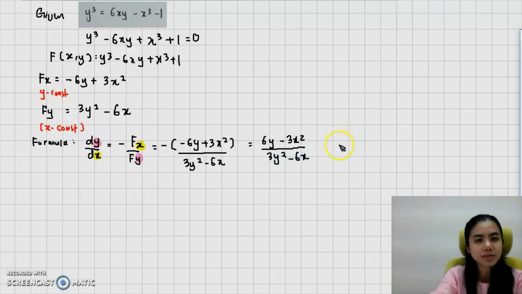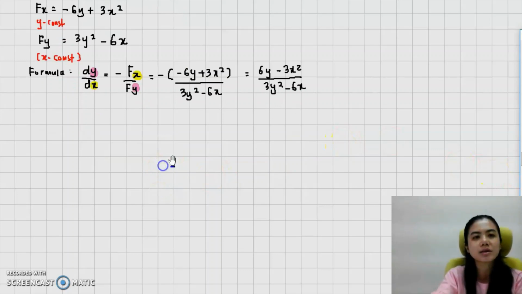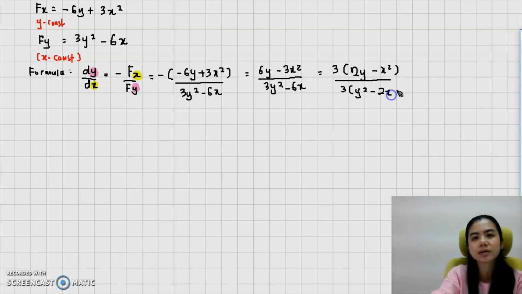The same thing here, you can factorize out the 3 from here. So you have 3 times (2y minus x squared), and in the denominator you factor out 3, so you have y squared minus 2x.